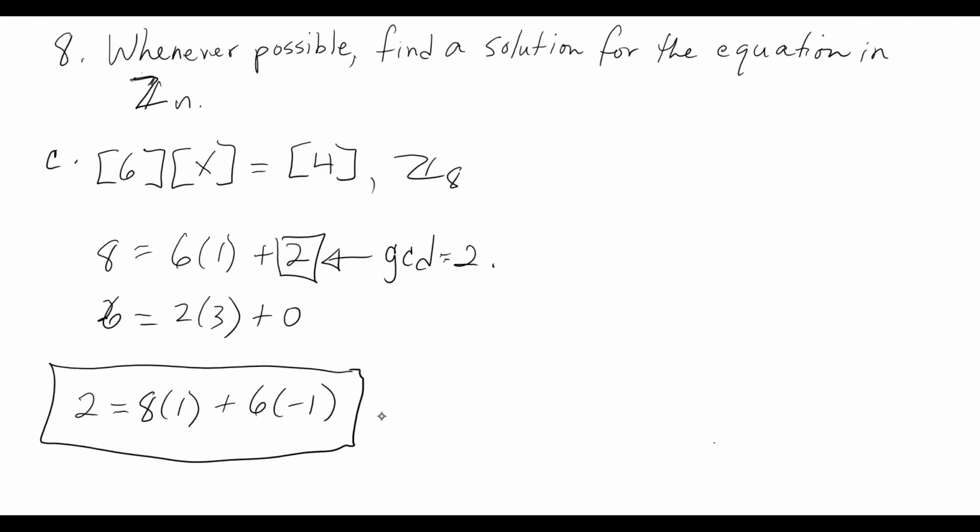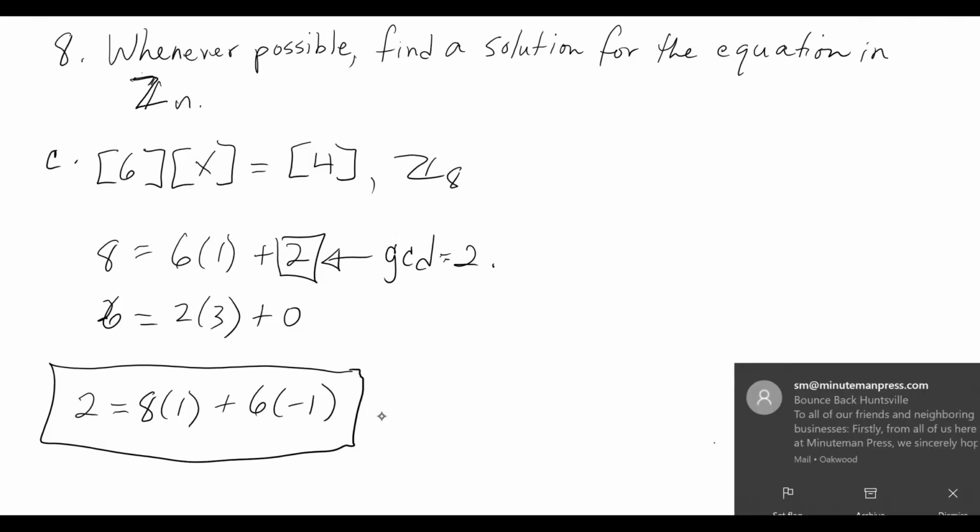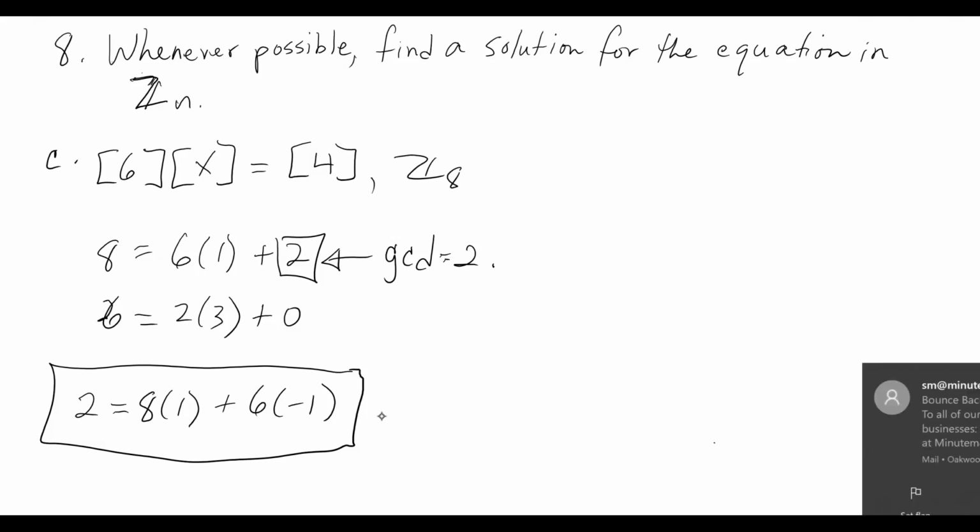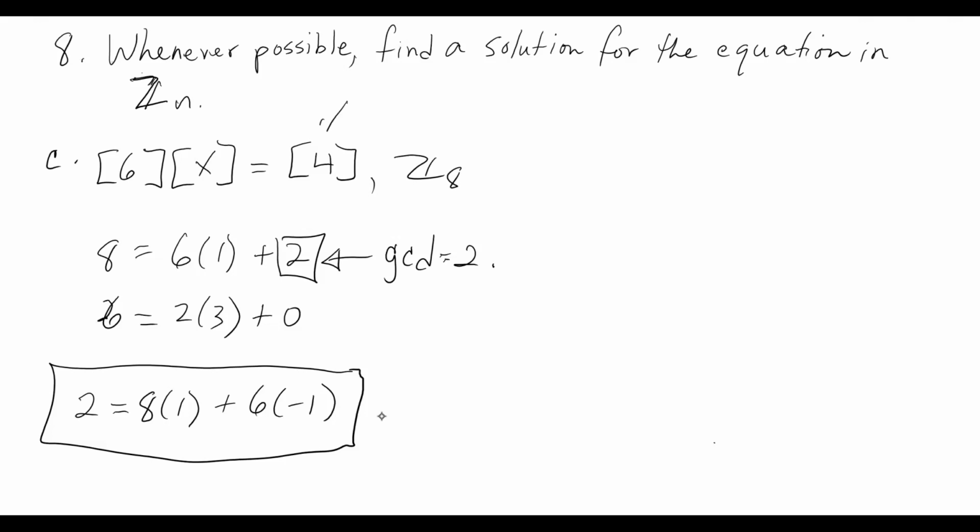So let's back up. If you recall, we did some problems where if the GCD divides B, in our case B is going to be this number here, if we have it in the form AX equals B, or AX is congruent to B mod N, whatever that is.